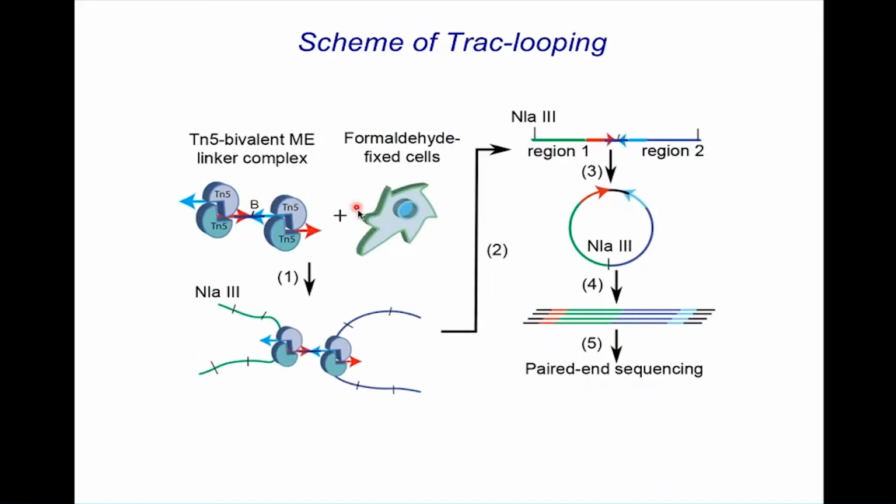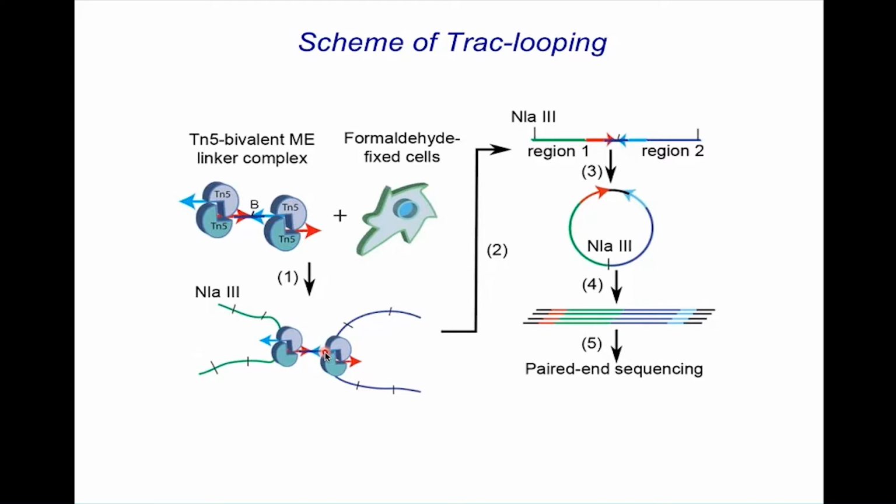For the Trac-looping experiments, we add this tetrameric bivalent complex into formaldehyde-fixed cells. One end of the tetrameric complex is inserted into one chromatin region, and the other end is inserted into another region.